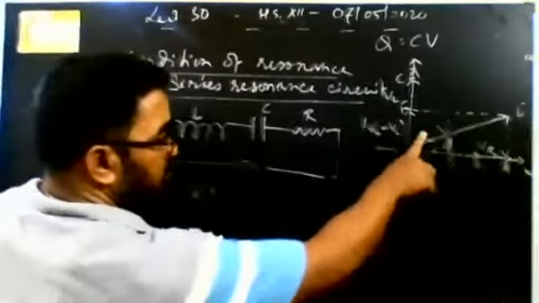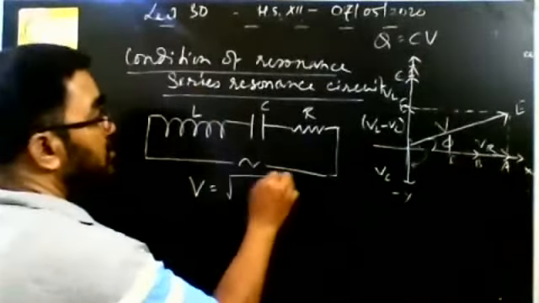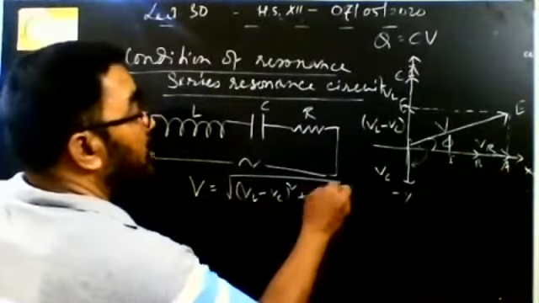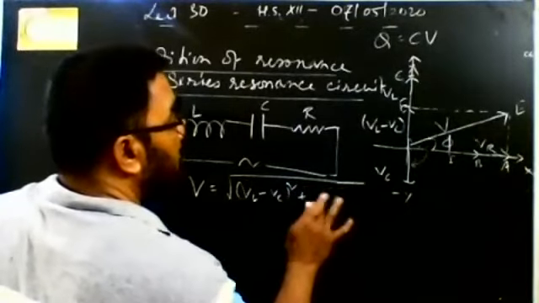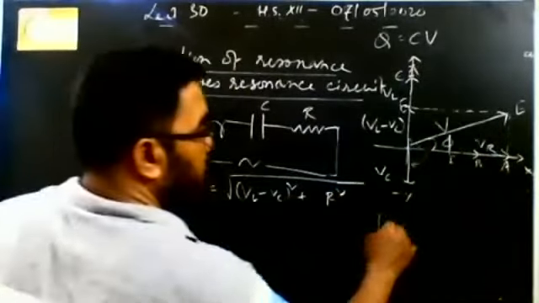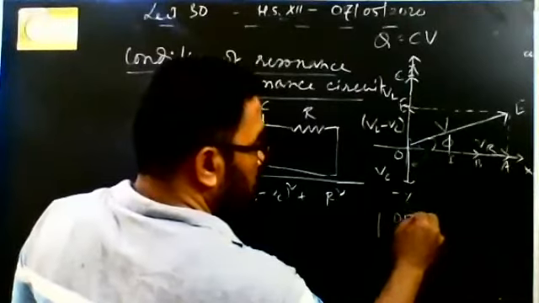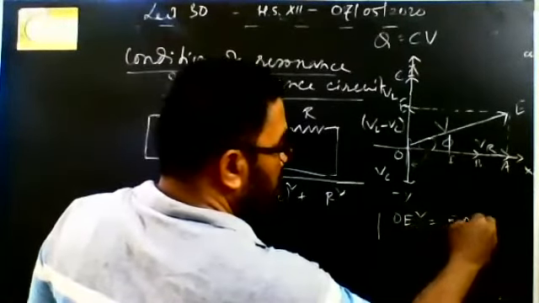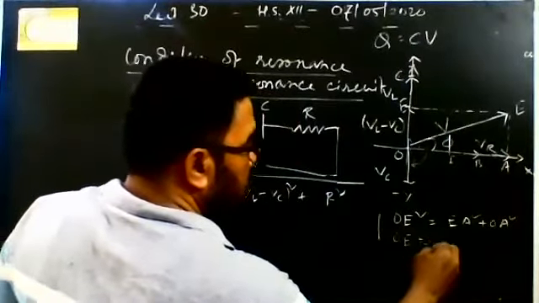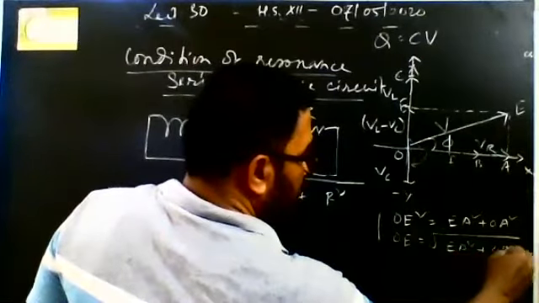Okay. So that resultant V is obtained from the Pythagoras theorem applying this right angle triangle. So V is root over VL minus VC whole square plus VR square. So since from this right angle triangle, OE square is equal to EA square plus OA square. So OE is equal to root over EA square plus OA square.